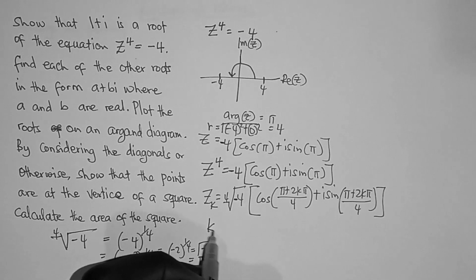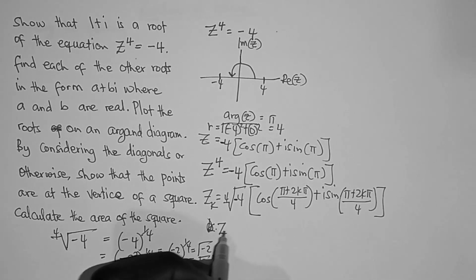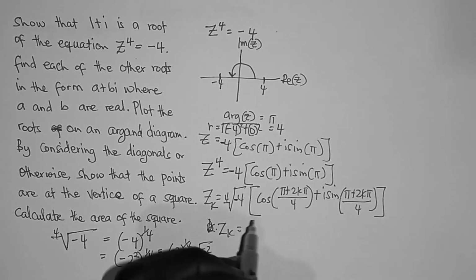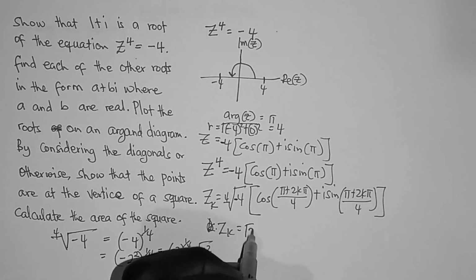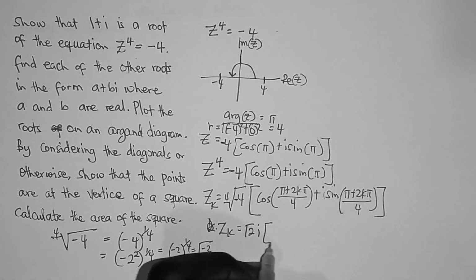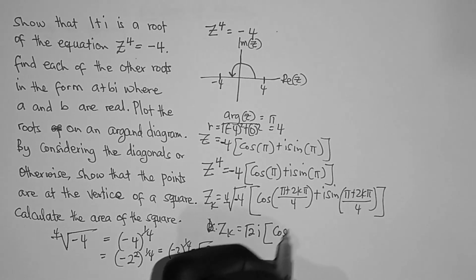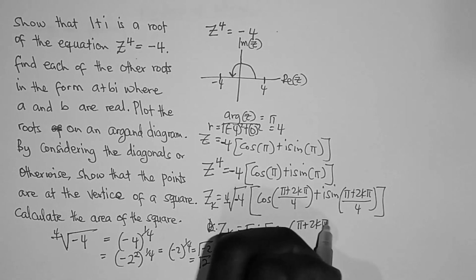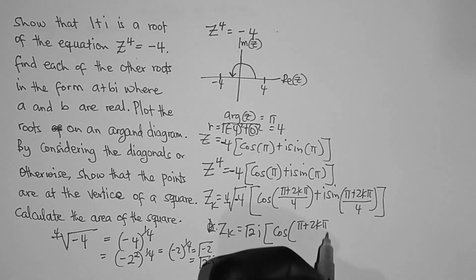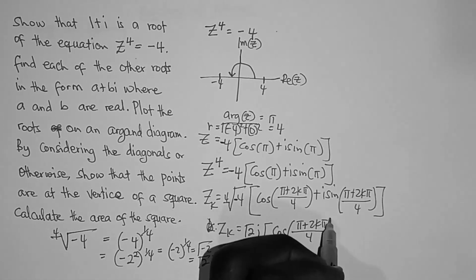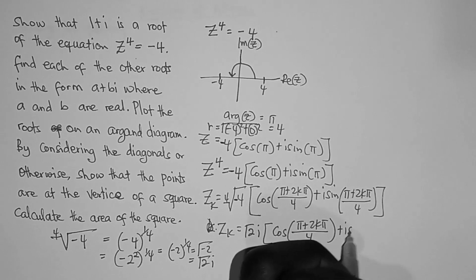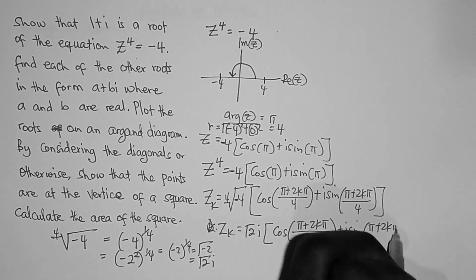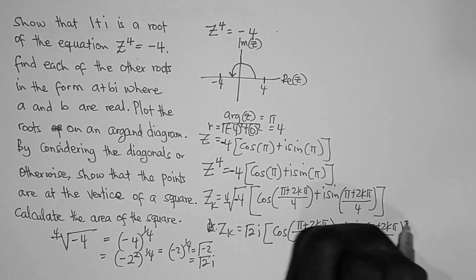So z of k, which is equal to the fourth root of minus 4, is equal to root 2i times cos into bracket pi plus 2k pi divided by 4, then plus i sine into bracket pi plus 2k pi divided by 4.